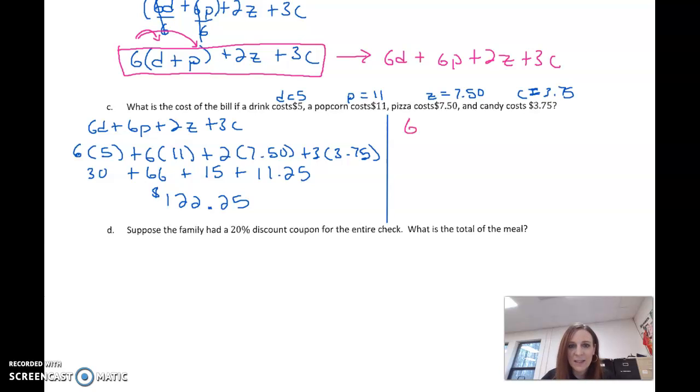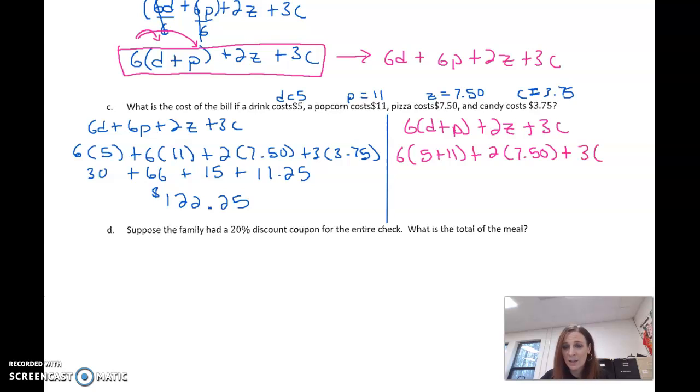What if I did 6 times D plus P in parentheses, plus 2Z plus 3C? So I'd get 6 times, in parentheses, 5 plus 11, plus 2 times the cost of pizza, which is $7.50, plus 3 times the cost of candy, which is $3.75. Order of operations: 5 plus 11 is 16.